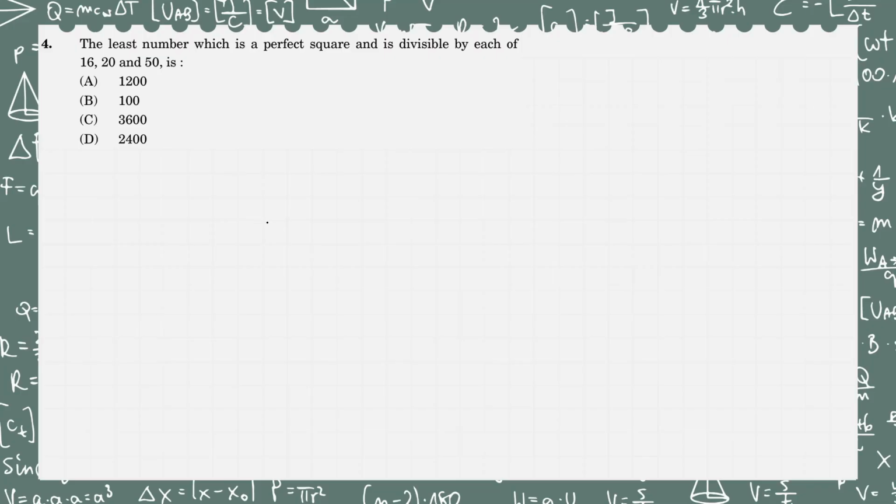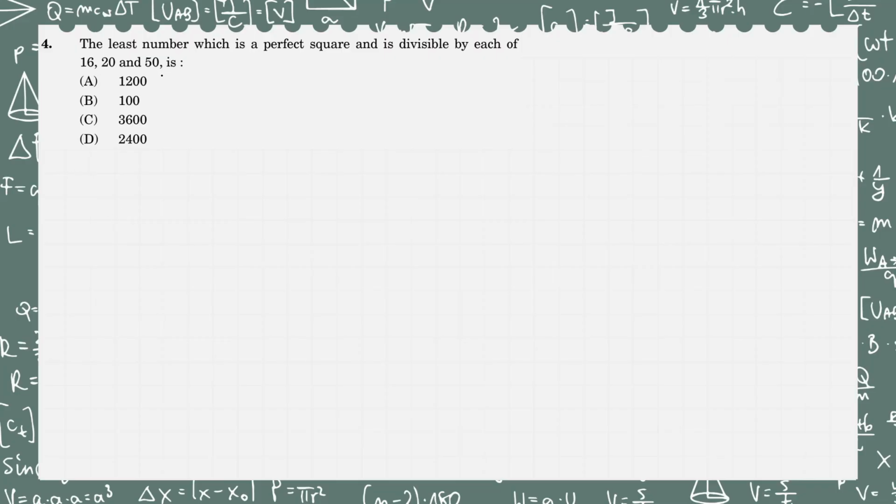In case that LCM is a perfect square, that is what we are looking for. If that LCM is not a perfect square, then we have to find by which prime number multiplying can make it a perfect square number. Okay, so let us start the process.